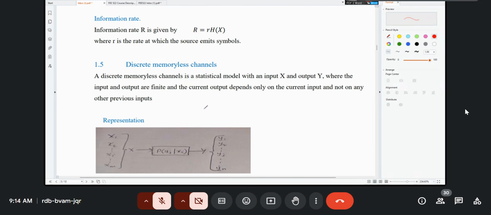Otherwise, with the source, the current symbol does not depend in any way on the previous symbol. Sorry about that, because the source, we call it a DMS. The current symbol does not depend in any way on the previous source.